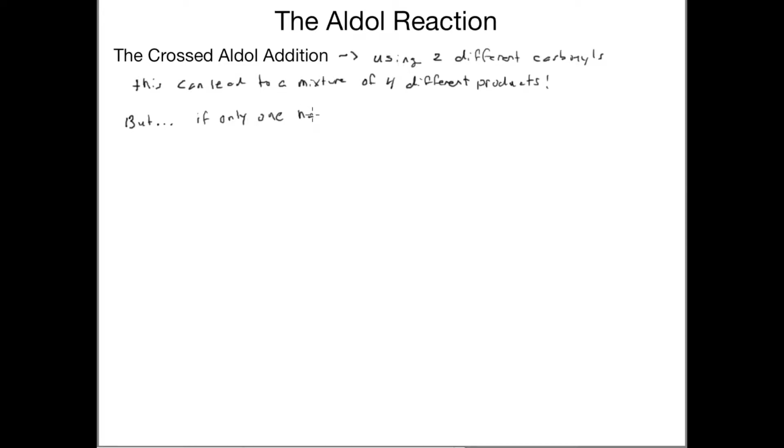So if only one of your reactants has one set of enolizable protons, then you're golden, and what that means is that you won't get this huge mixture. The thing is, though, that you are going to need to add this guy slowly because you don't want it to self-add to itself. So this can lead to giving you only one product. So here's an example.